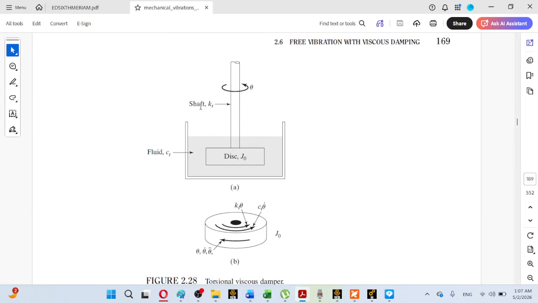Here you can again observe that the KT is for the shaft. But CT, the torsional damping constant, is for this rigid disc, because mainly this rigid disc will be rotating or oscillating in this fluid. So this is a fluid of viscosity, with torsional damping constant C subscript T.